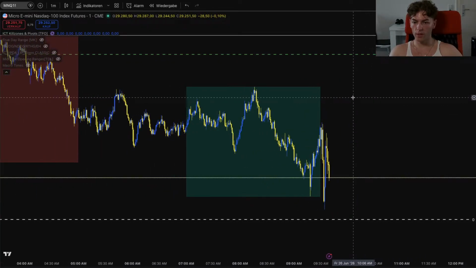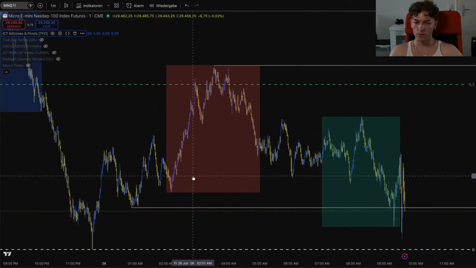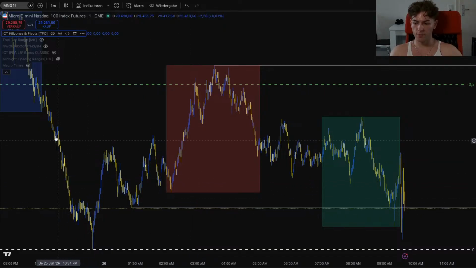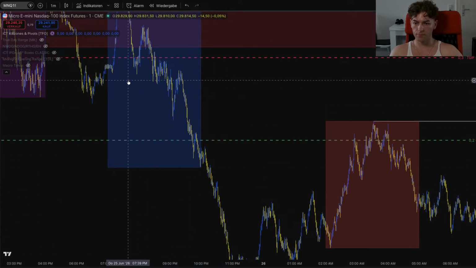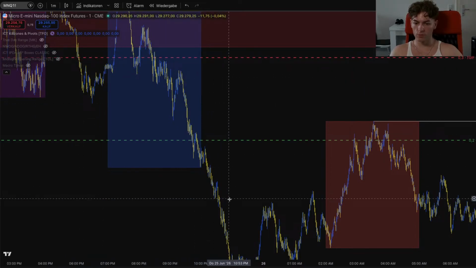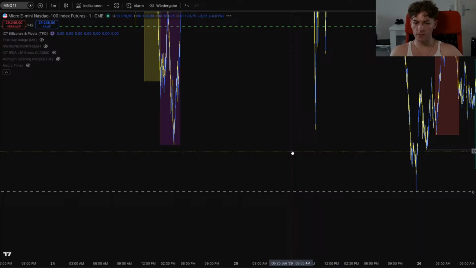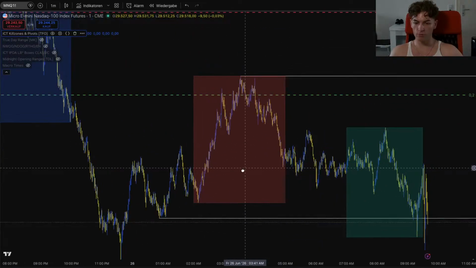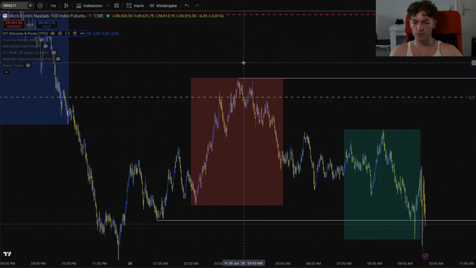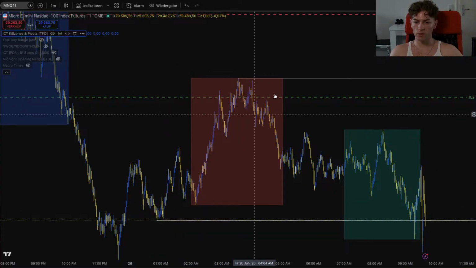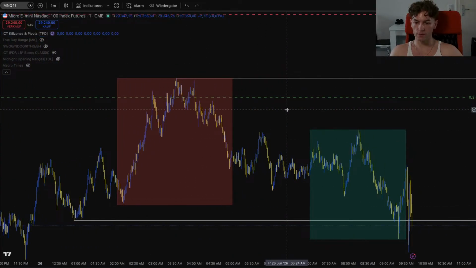So let's see what actually happened today. We opened at 6 p.m. right around here. Traded lower, took out previous day's low, then retraced back up higher into previous day's range, formed relatively equal lows, formed relatively equal highs.